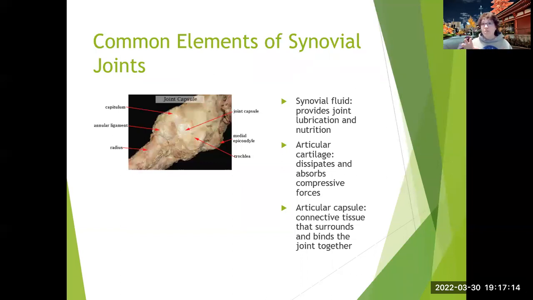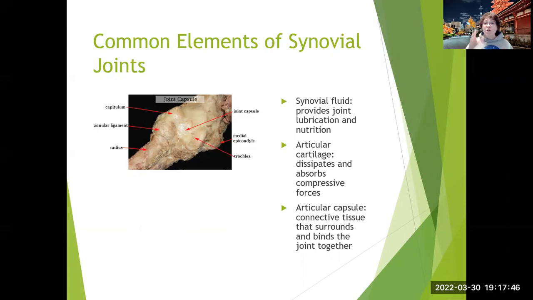Some of the changes in osteoarthritis have to do with wear and tear on the bones, but some of them have to do with chemical changes in the synovial fluid. So the composition and thickness and function of the synovial fluid is really important to how our joints work. When your synovial fluid starts to break down, you start to see little pits and things in your hyaline cartilage at the end of the bones, and that's no good. So it just doesn't glide the way it's supposed to.